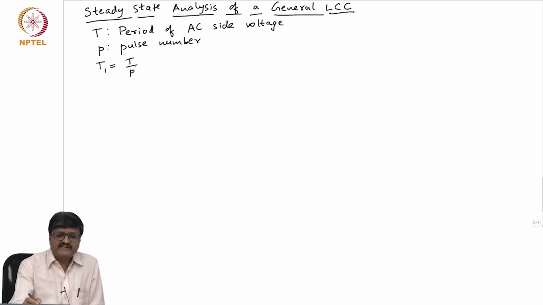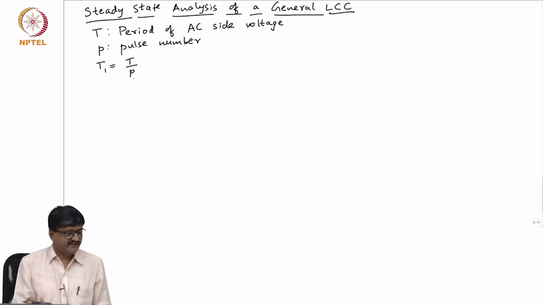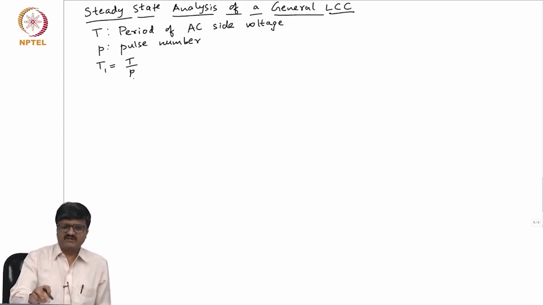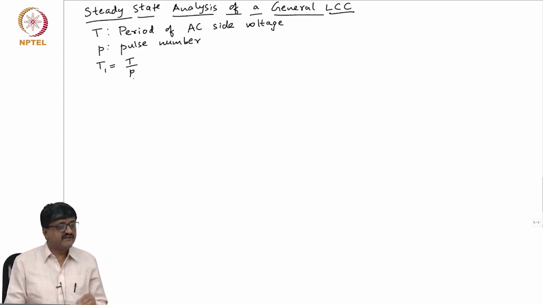So, if T in degrees is 360 degrees, P is 6, then 360 by 6 is 60 degrees, that is the interval. So, T1 is the interval, but now we are using notations corresponding to the period or interval in terms of time instead of angle.